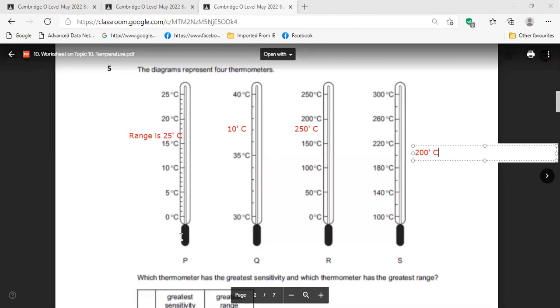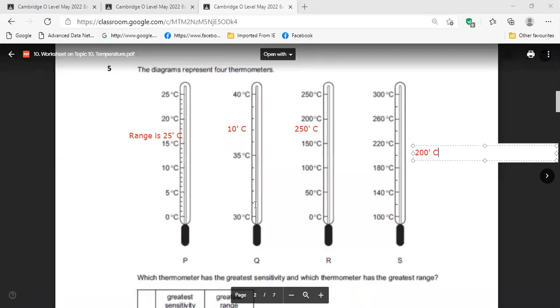If you compare P and Q, for 1 degree Celsius the liquid level in Q is rising almost 3 times more than the other one. You see the gap from 30 to 31, for a 1 degree Celsius rise, the gap is more, right? Yes, sir.